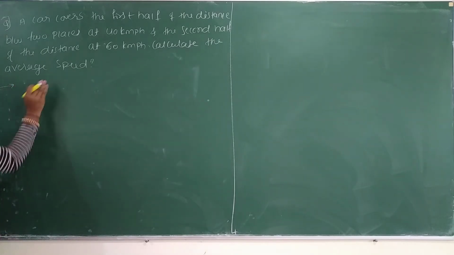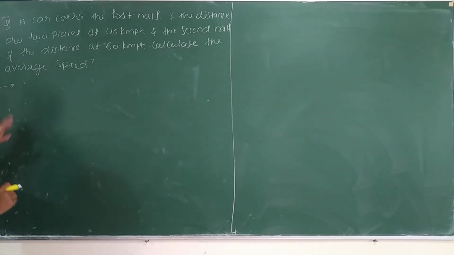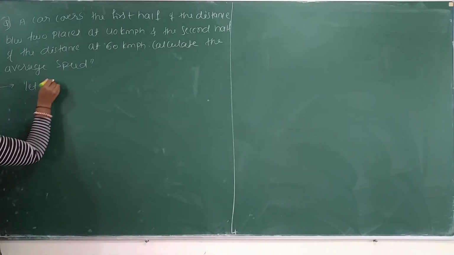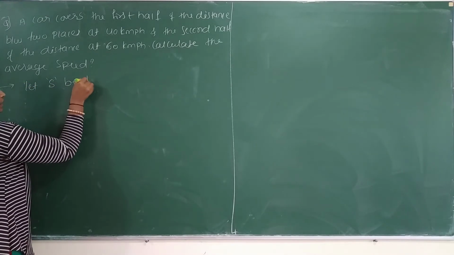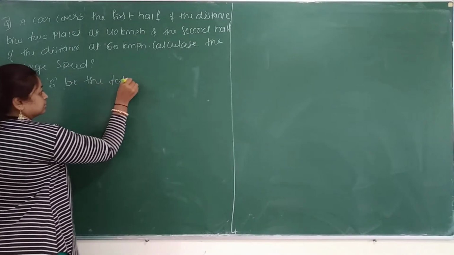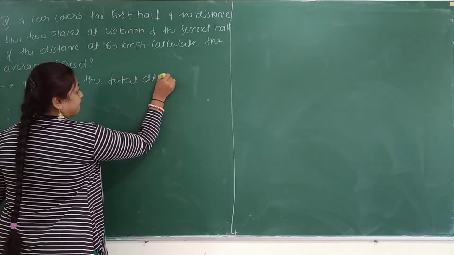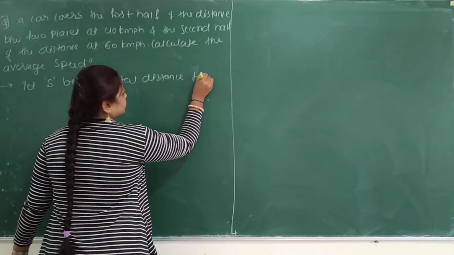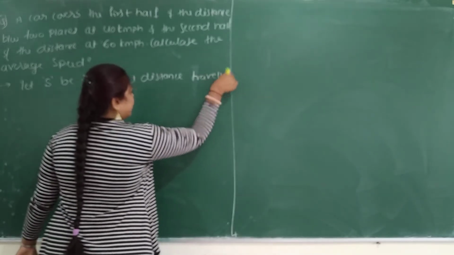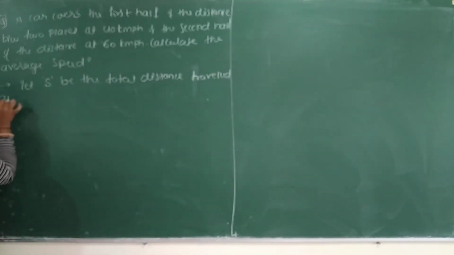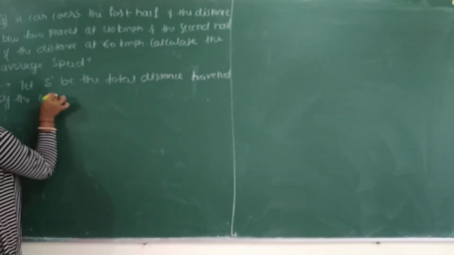So to calculate average speed, let s be the total distance travelled by the car.